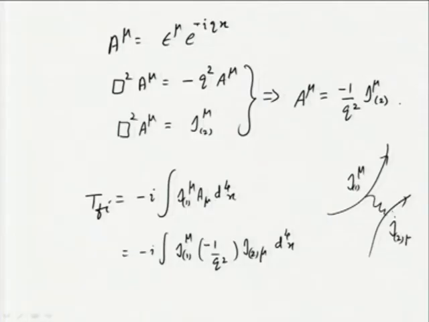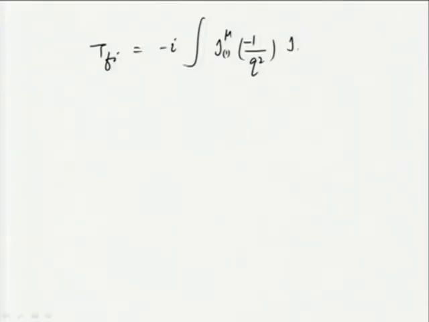Interaction is facilitated by transfer of something, say the photon, and I can actually write the same T f I as we already know by raising the index on j2 mu.